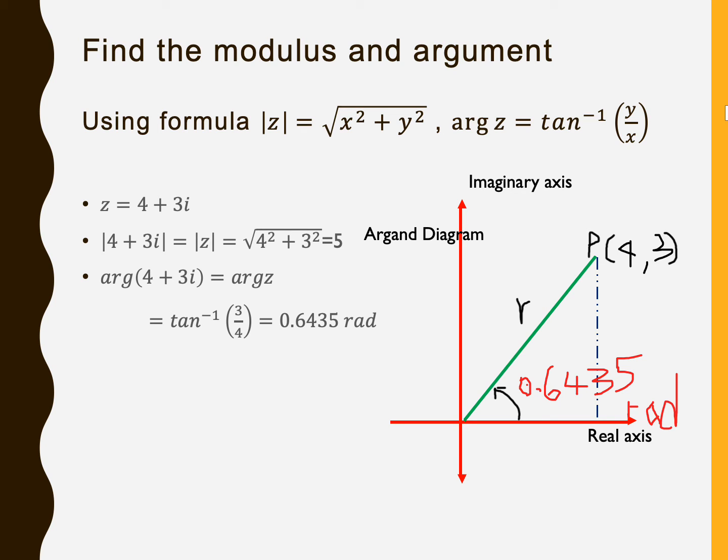By using the formula, modulus z equals square root of 4 squared plus 3 squared, equal to 5. To find the argument z, we must refer to the Argand diagram. The complex number z at the point P is in the first quadrant. So argument z equals arctangent 3 over 4, equal to 0.6435 radians.